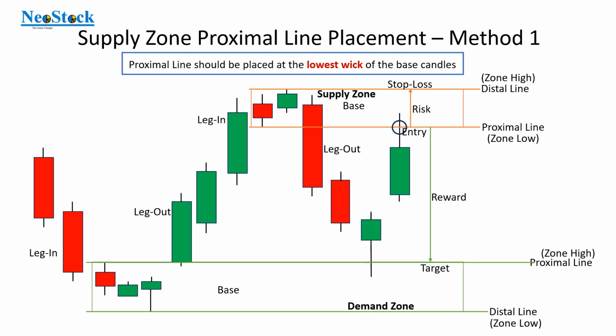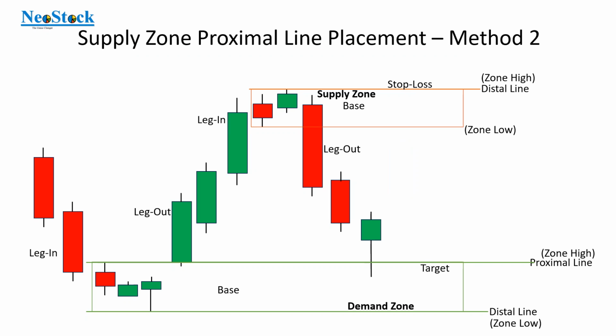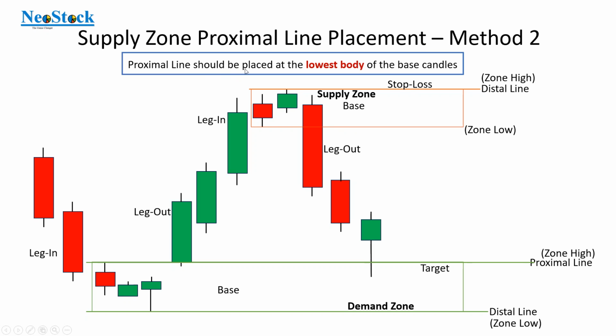And let us look into method 2. What is method 2? It is the lowest body of the base candles for the supply zone. The proximal line should be placed at the lowest body of the base candles. So let us draw the proximal line as per method 2.